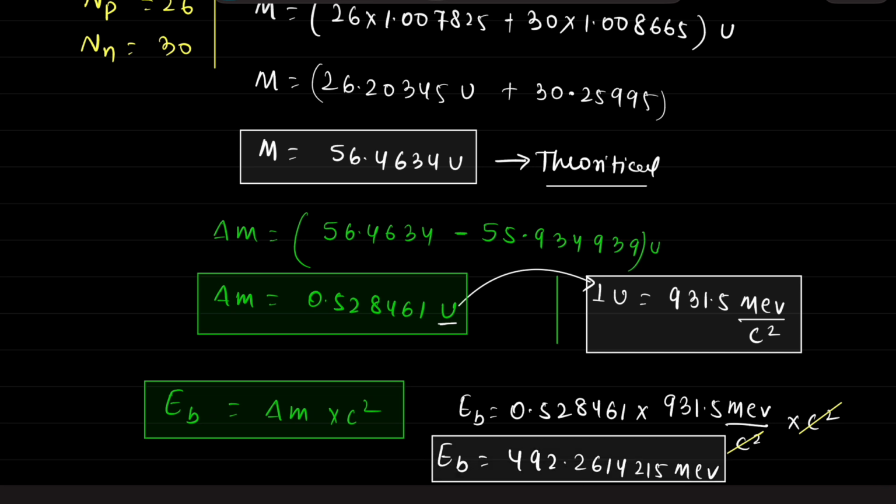In the second part, we have to do the same thing, but here we are using bismuth. The pattern is exactly the same. We are going to find the binding energy for Bi. Its atomic mass is 209 and atomic number is 83. First we find the number of neutrons and protons. A is equal to 209 and Z is equal to 83.